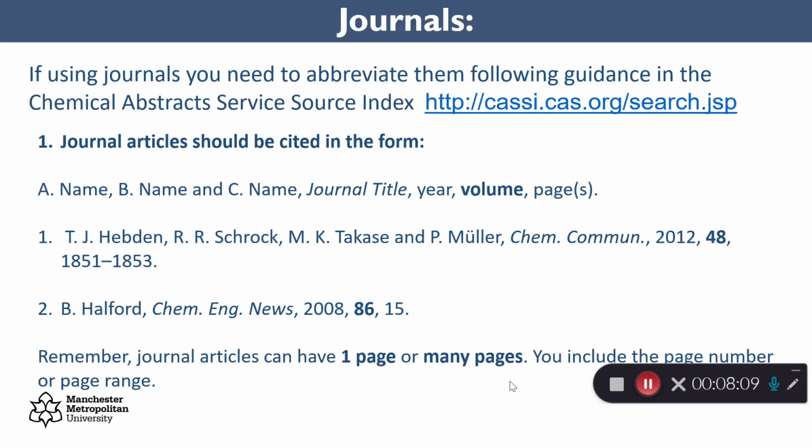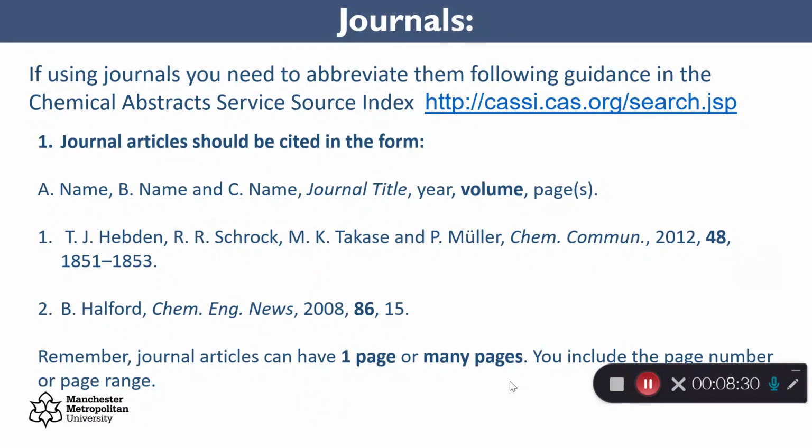It is worth focusing on how to add journals to your reference list as well. Now, always note that the journal's volume number is in bold, and you will usually have to abbreviate the journal's title using the Chemical Abstract Service Source Index.